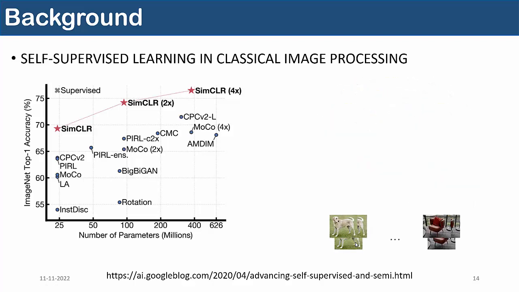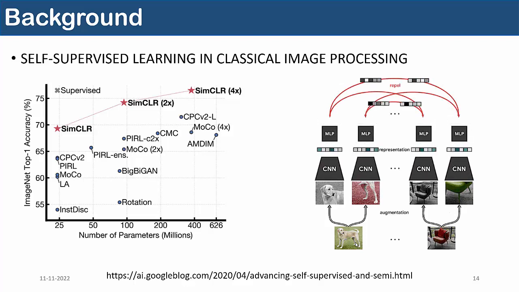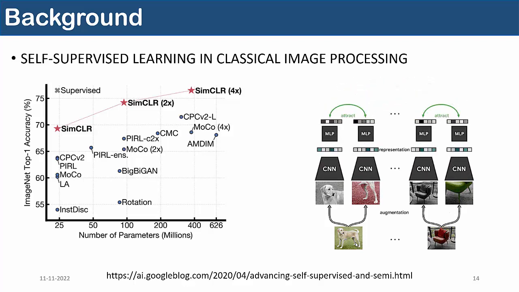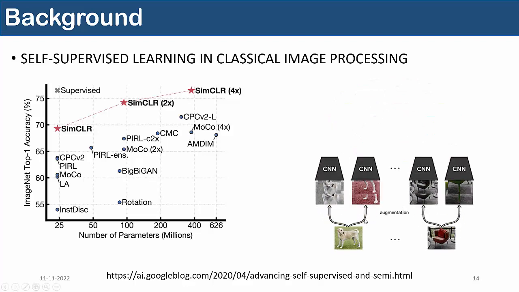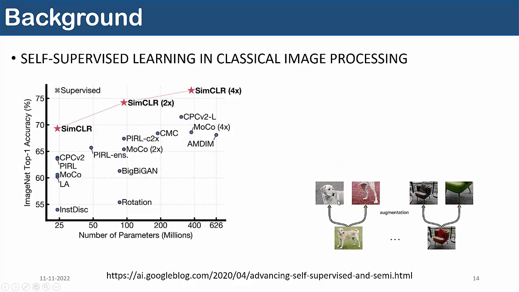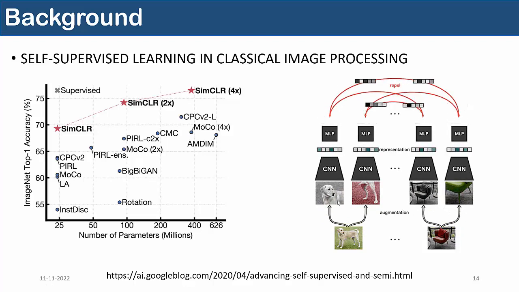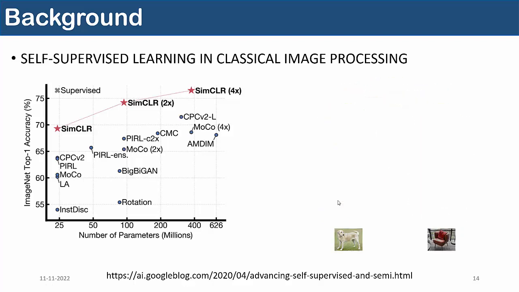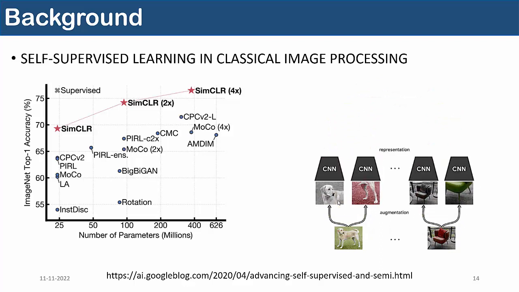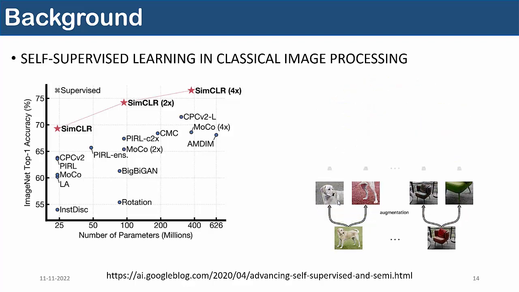The data augmentation is a transformation of the image like grayscale or cropping or any kind of transformation that could take place. And once a dog image is getting transformed into two different images, we know that these two images belong to the dog, so they are fed into the CNN, and when their representation is flattened and we receive it, we tend to give a higher similarity score if the augmentations are coming from the same image.